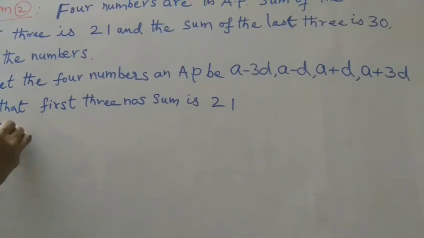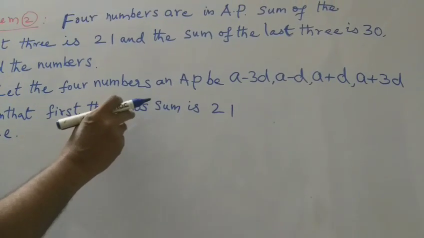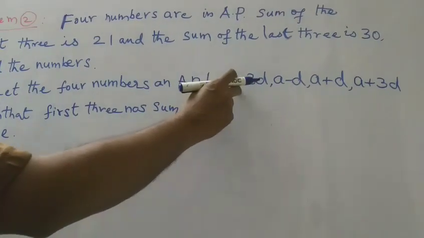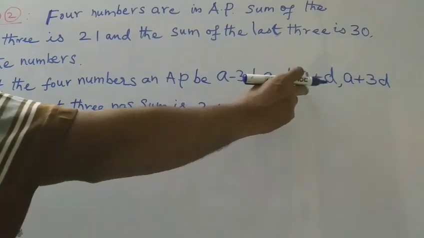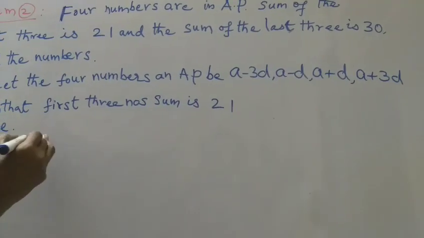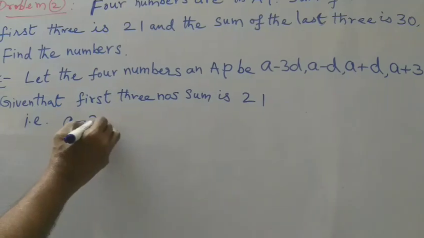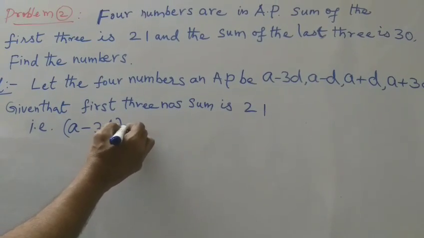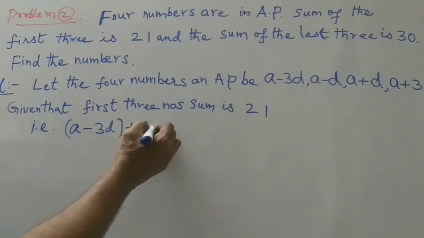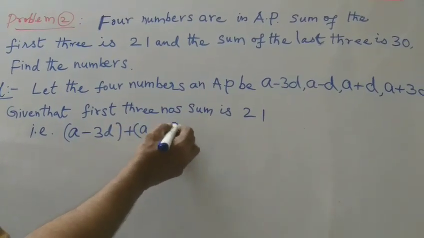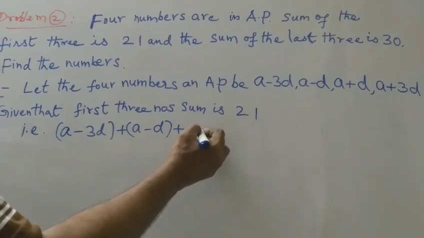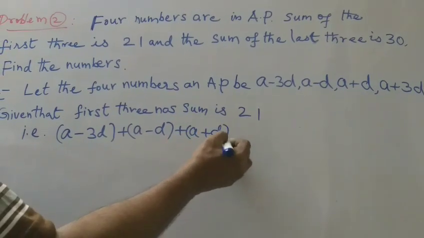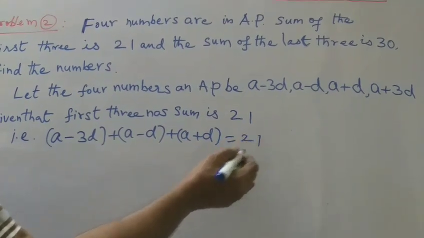That is, the first three numbers are a minus 3d, a minus d, a plus d. So a minus 3d plus a minus d plus a plus d is equal to 21.